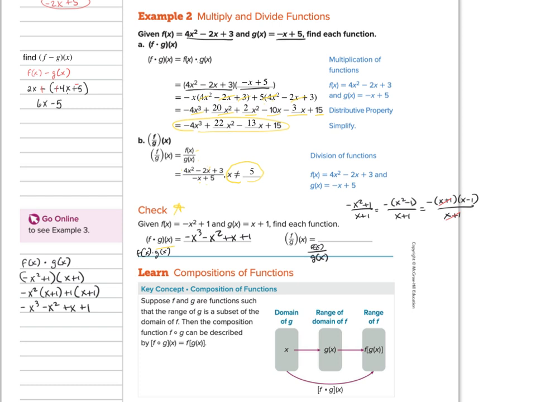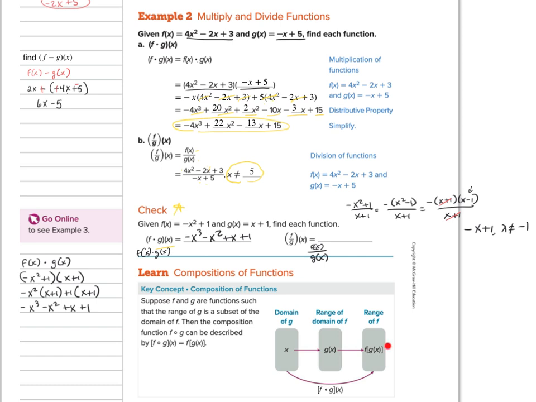I can simplify that, and my answer is actually negative x plus 1, because I went ahead and multiplied this by the negative again. One thing to remember, though, is that x cannot equal negative 1, because if negative 1 was input right here, this would be 0. So we want to make sure that we do have that caveat, that constraint identified.